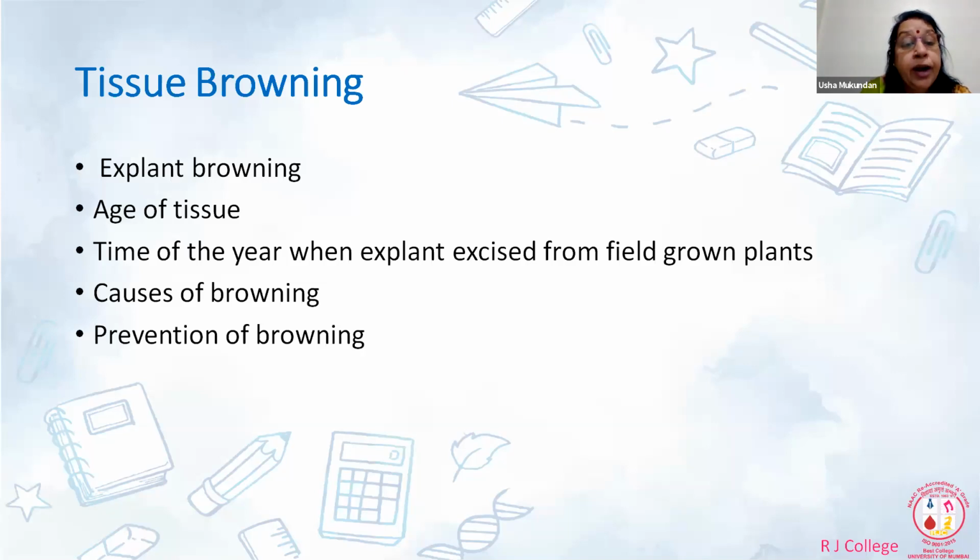So therefore, the time of the year when you excise the explant and use it for in vitro cultivation is also important. Now, what we shall be studying is why there is tissue browning. You already did an experiment last year and we are going to revise it again. That is the assay of a very important enzyme known as polyphenol oxidases.